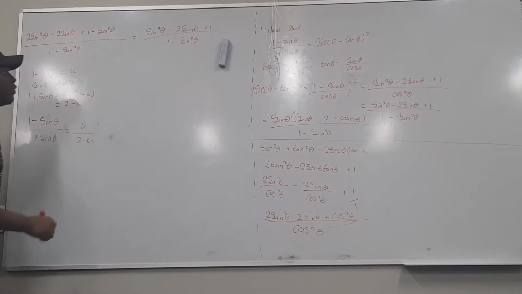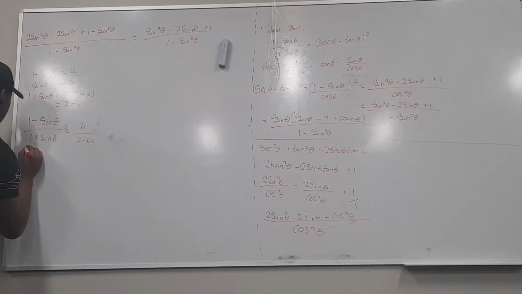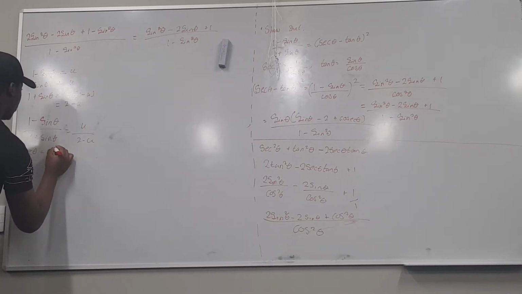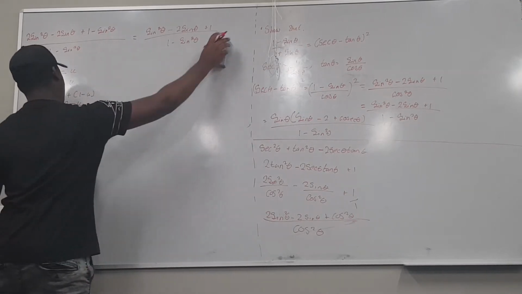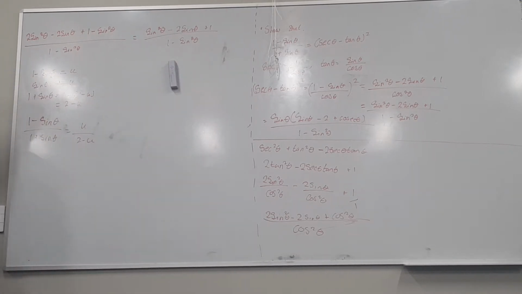So we want to solve for sec and tan first before we start simplification. So we know sec theta is equal to 1 divided by cosine theta. But first, we don't know what cosine is. So we're going to use trigonometric identities.